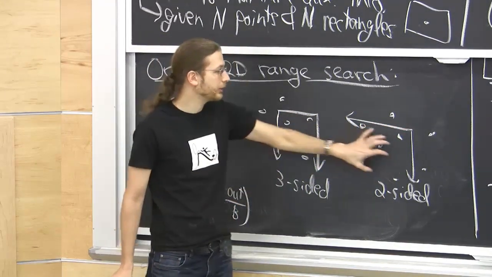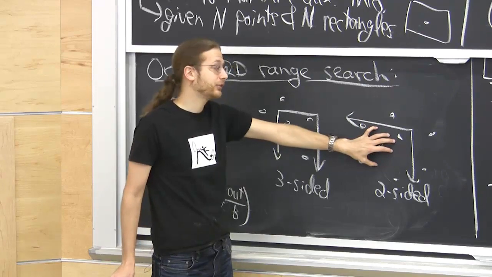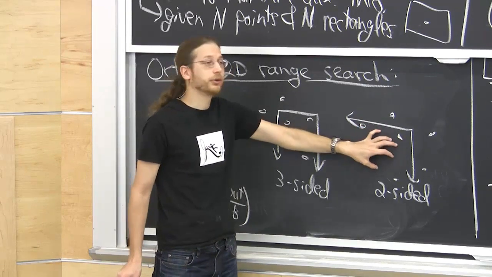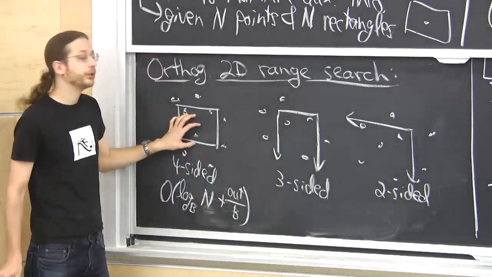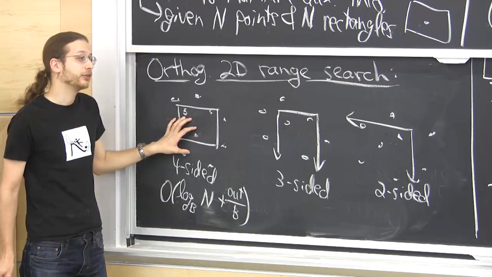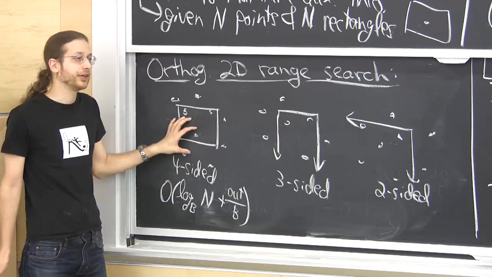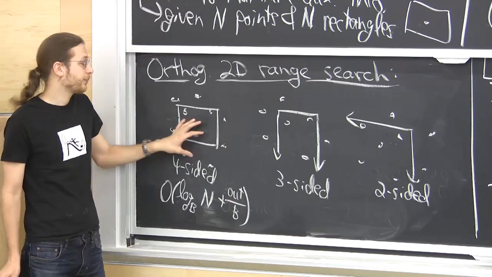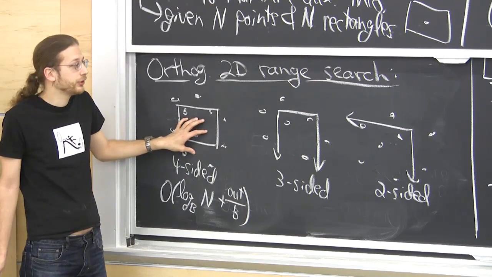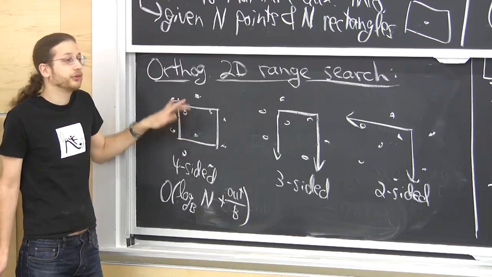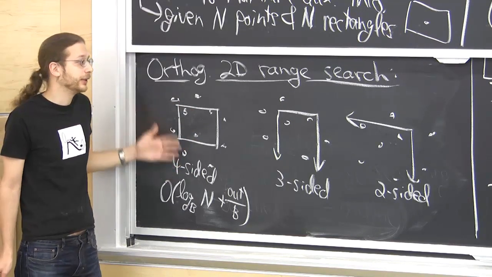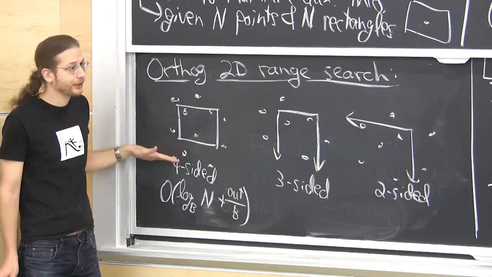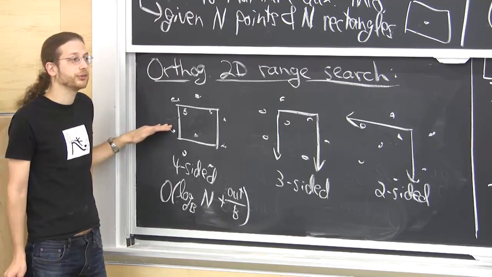So in this we could achieve in linear space, logarithmic time. This one we needed n log n space. Actually, the best known is n log n divided by log log n. But we could do n log n using range trees, and we got down to log n query time, n log n space using layered range trees.